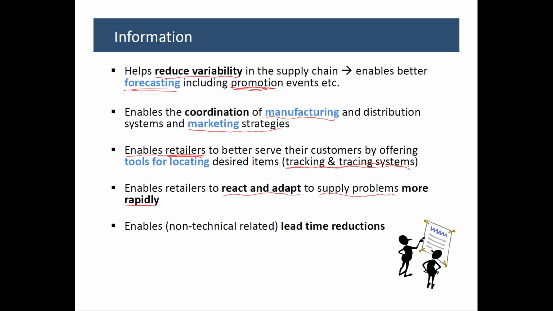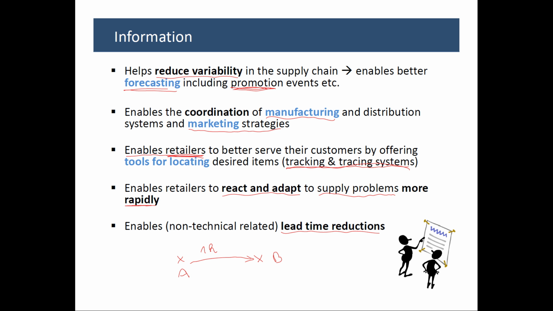And this overall could also help to reduce lead times that are not technically induced. Which means that if a truck from city A to city B would need, because of the overall traffic regulations, at least 1 hour, for instance, that would be a technically induced lead time.